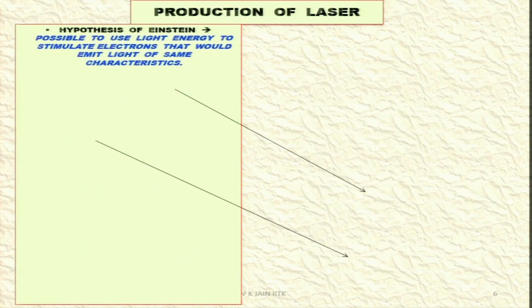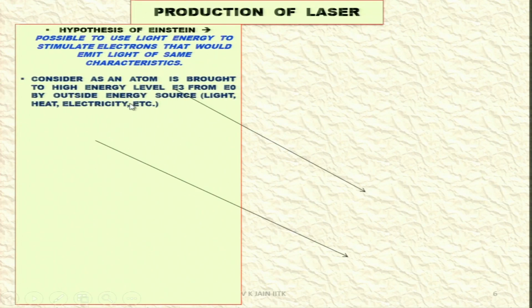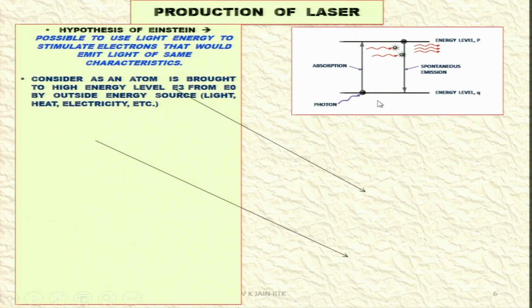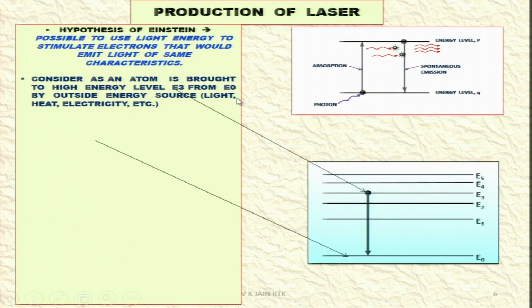Production of lasers. Hypothesis of Einstein: it is possible to use light energy to stimulate electrons that would emit light of same characteristic. Consider an atom brought to high energy level E3. From E0 it is taken to E3 by an outside energy source.